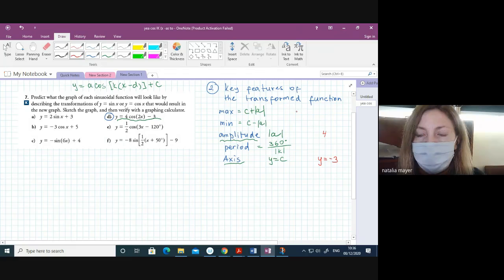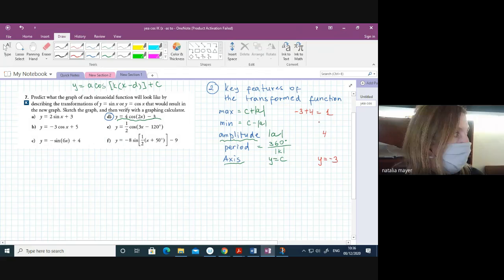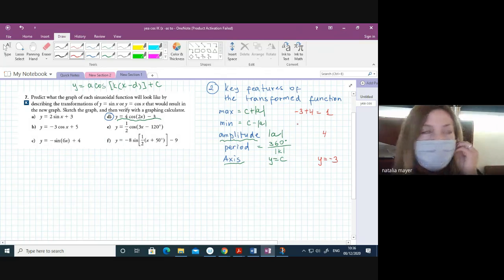We're going to do -3 plus 4. So 1. 1 is the maximum. And Layel will tell me what's the minimum. -3 minus 4 is -7. Absolute value.